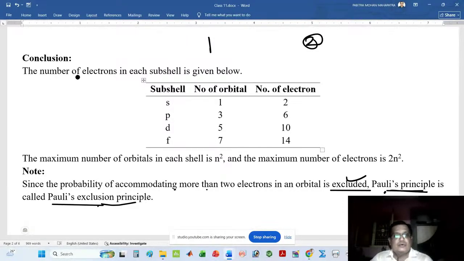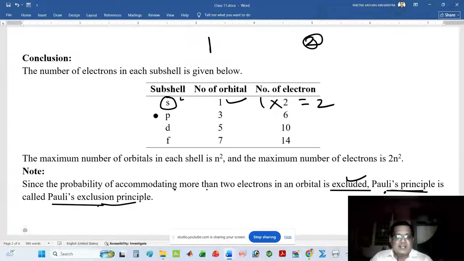Let me conclude. Look at that. Here I have given the s subshell. We know that the number of orbitals present in the s subshell is 1. Each orbital contains 2 electrons. So the total number of electrons is 1 into 2, that is 2.